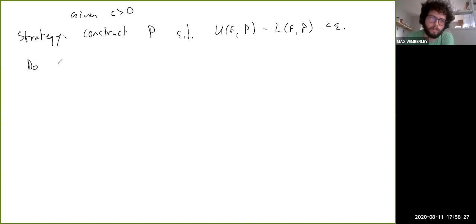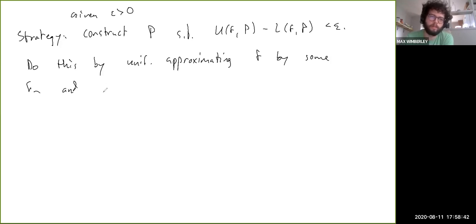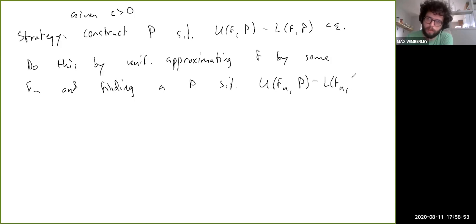And we do this by uniformly approximating F by some Fn and finding a P such that U of Fn P minus L of Fn P is less than some smaller bound, some other bound, something else that we pick.